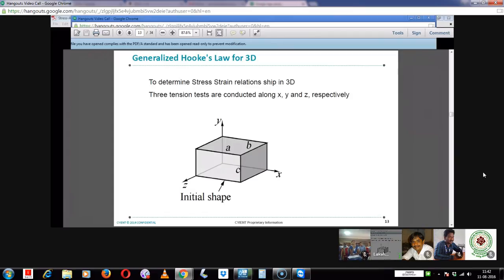So, some more examples. If you see this rotor, this is the turbine rotor, and these are the blades. This is a 2D representation, and this is a 3D representation. This is the turbine blade and rotor assembly. So when you try to simplify this geometry, we have two ways.